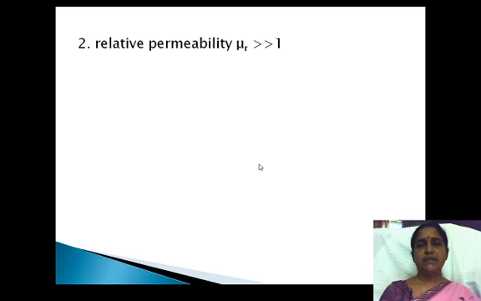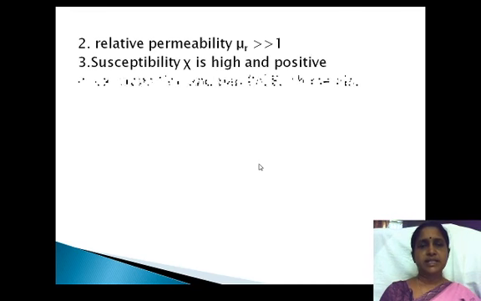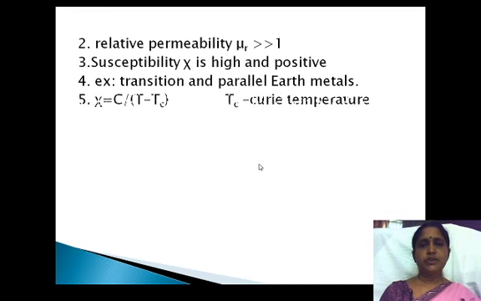Okay. Relative permeability is much greater than 1 because of the interaction between those spins, giving high permeability and high, positive susceptibility. Examples: transition and rare earth metals.